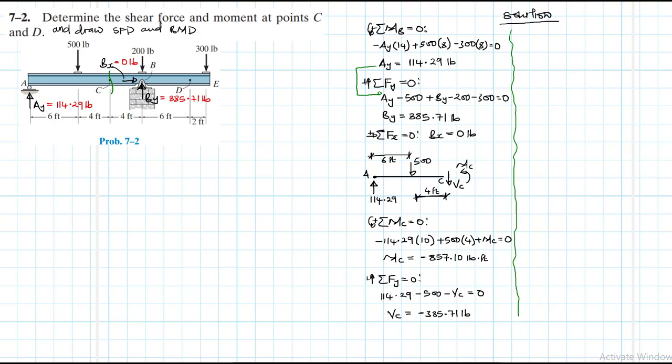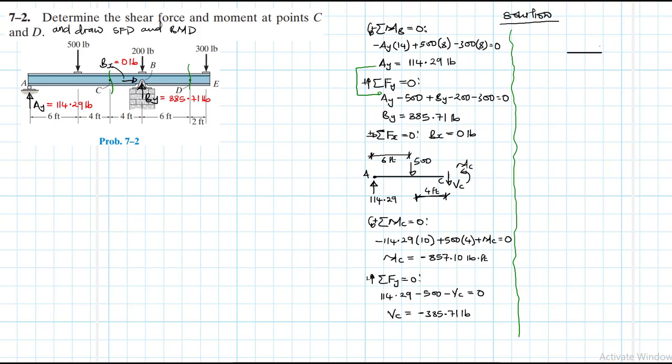Let's make another section. So make the section at D, just there like so, exactly at D. And which segment are we going to go with? We have the right hand side and the left hand side. Of course, we'll go with the simplest one, which is the right hand side.